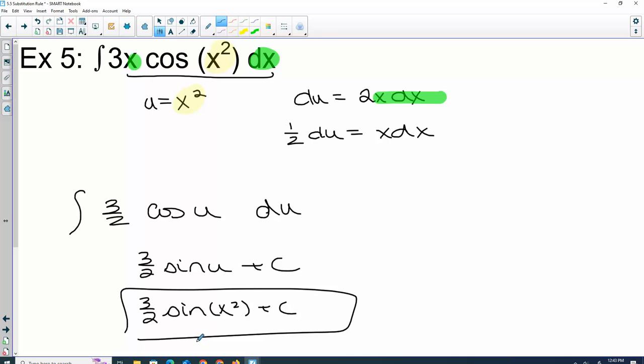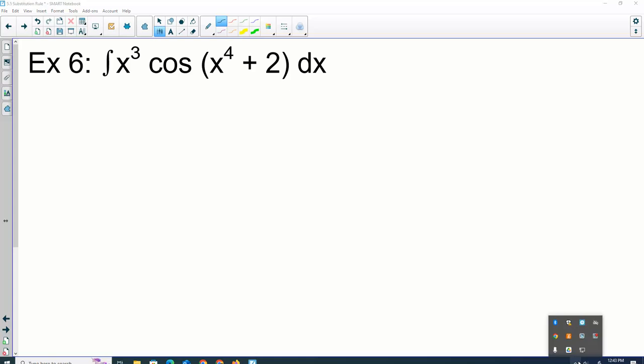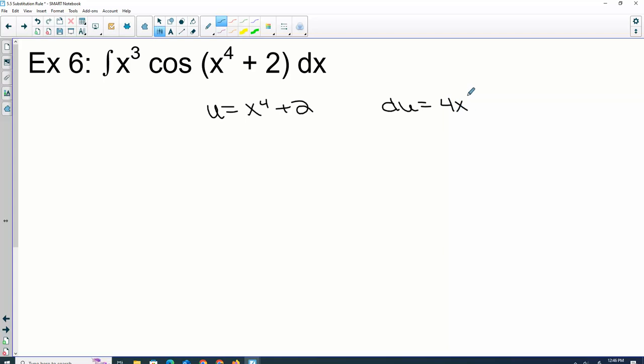Why don't you guys take a minute and try the next one on your own? Plus 2. And du? 1/4 du. Okay, so first, when you do the du, it's 4x cubed dx. We need the x cubed and the dx. We don't have a use for the 4, so we divide it over.